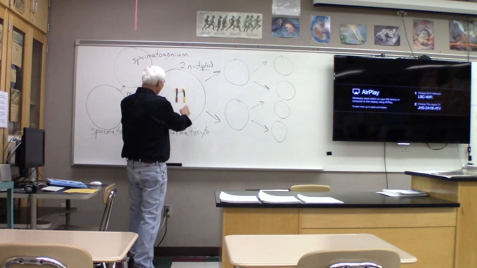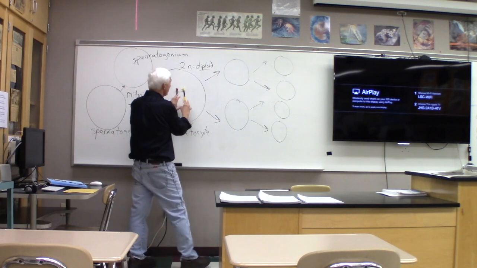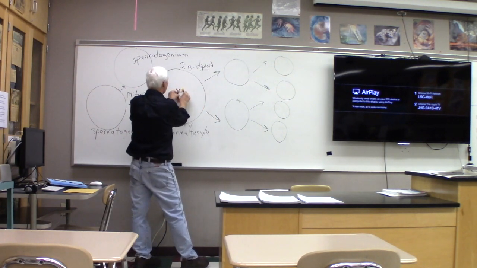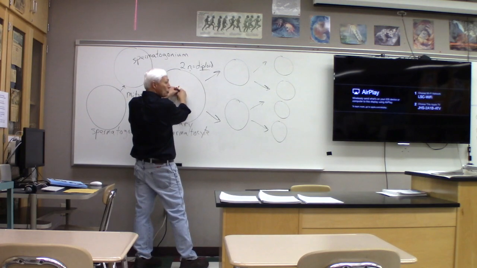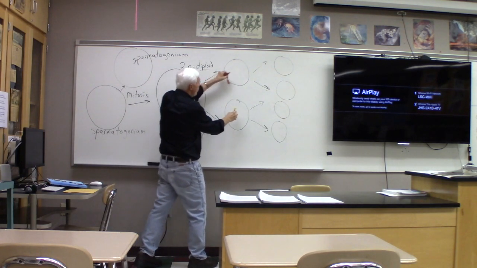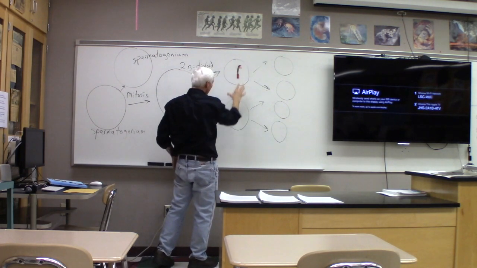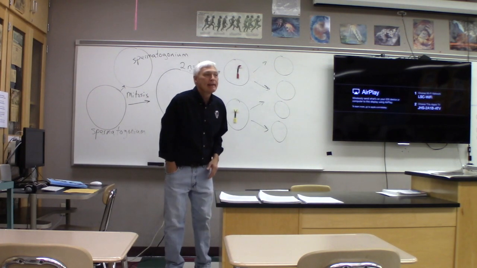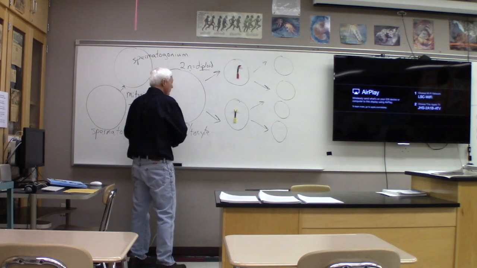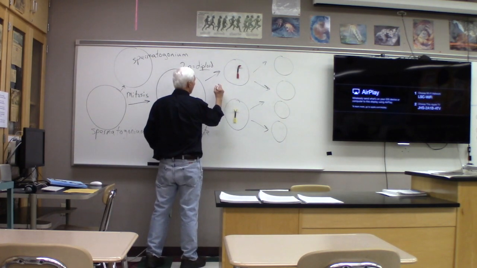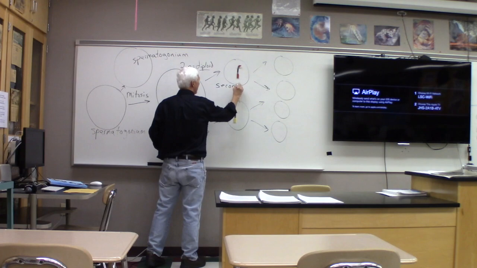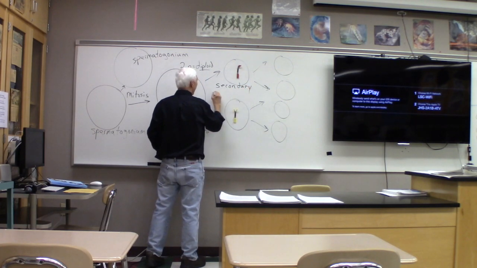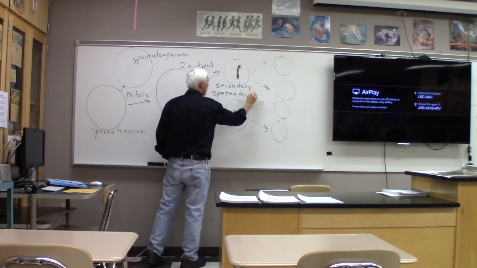Now, the primary spermatocyte's going to do meiosis 1, and you remember that, right? Meiosis 1, and these 2 cells are called secondary spermatocytes.